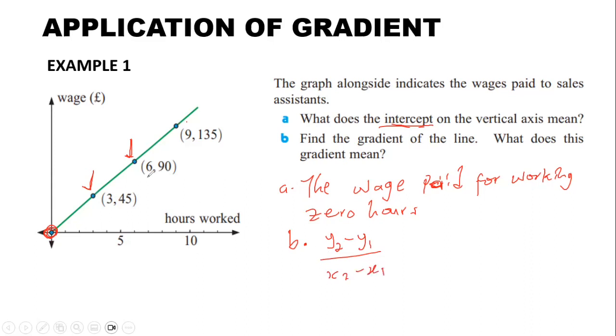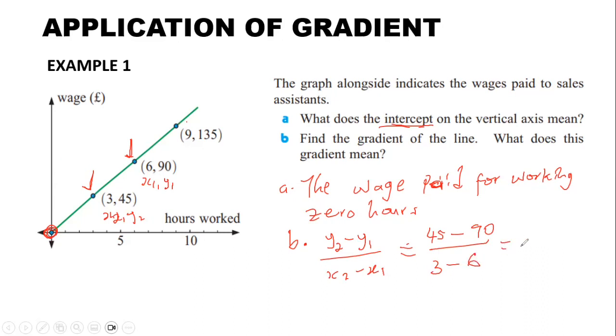So let's say this is our x1, y1, and this is x2, y2. It means that the gradient is going to be 45 minus y1, which is 90, all over x2, which is 3, minus x1, which is 6.